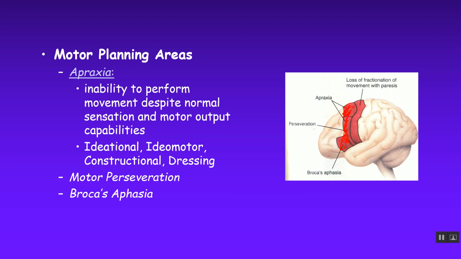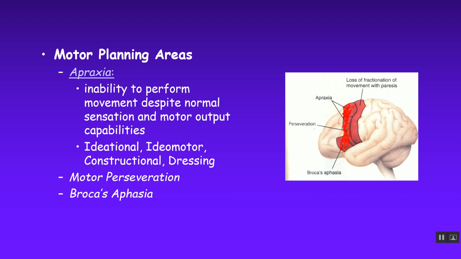They can't figure out how to plan the sequence of movements to do the task, or how to use the object appropriately. There are different types of apraxia depending on which region of these motor planning areas you damage, or how big the lesion is. You might have what's called ideational apraxia.